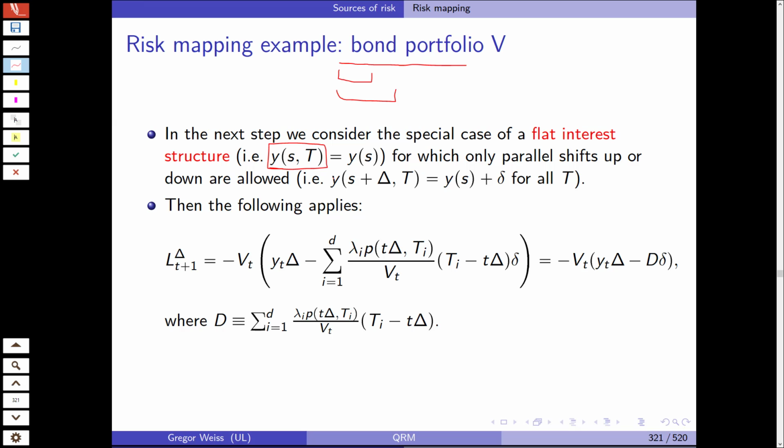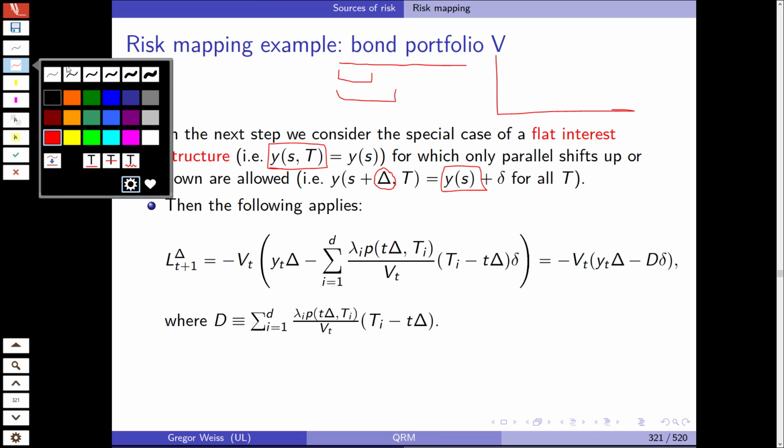Then we allow a parallel shift up or down. So instead of looking at these yields from s to T, we only need to look at the yield at point s. And if we add an amount delta to it, then this change in the yield becomes the current yield plus a constant up or down of delta. So we are shifting the yield curve, which is flat.